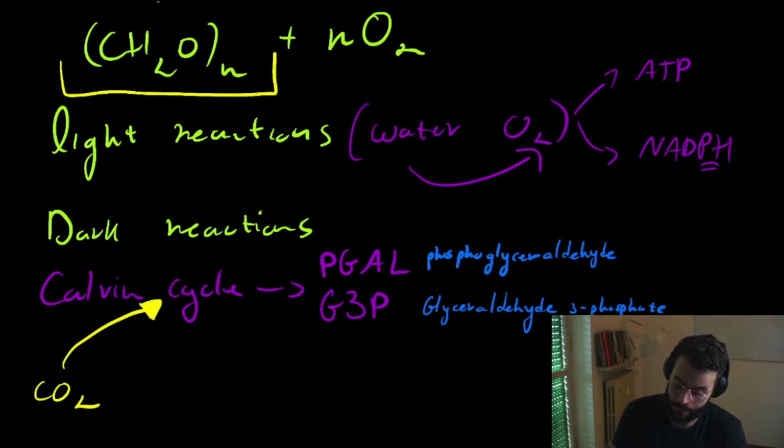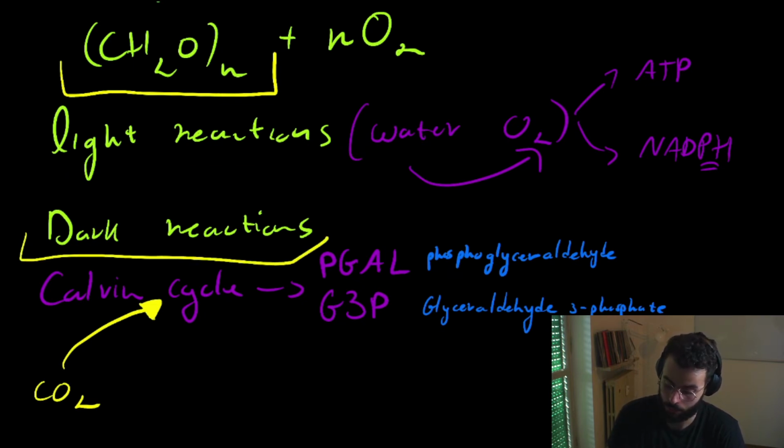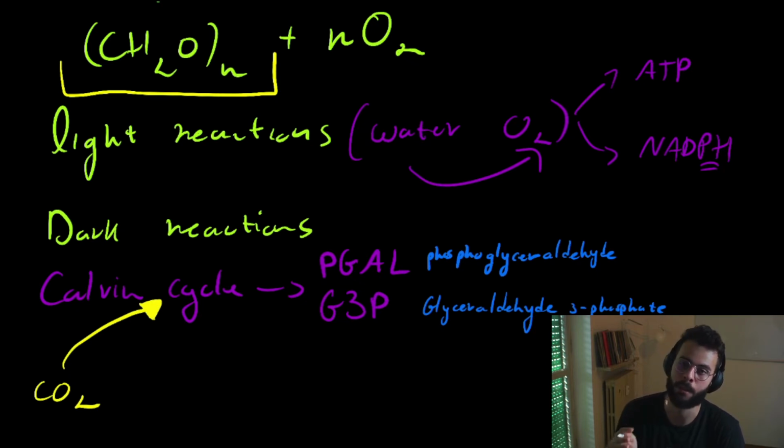While the light reactions need direct contact with light in order to continue, the dark reactions, or the more appropriate name, the light independent reactions, also require the metabolites, the products of the light reaction, which works with the sun, but they don't directly need the sunlight.